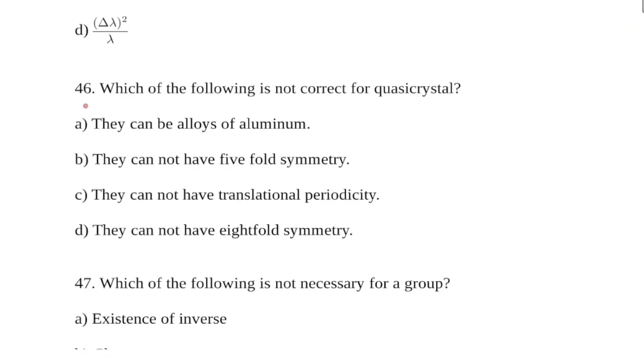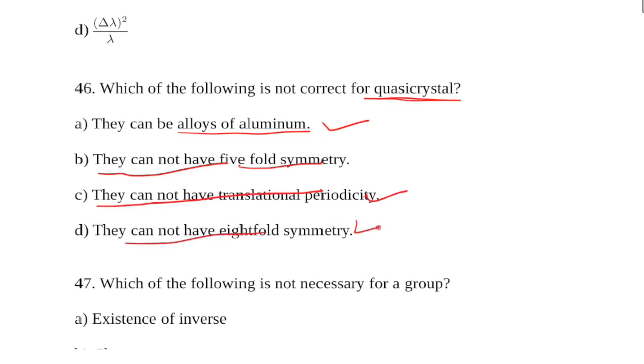Next, 46. Which of the following is not correct for quasi-crystal? They can be alloys of aluminum, yes, this is correct. They cannot have translational periodicity, this is also correct. They cannot have eightfold symmetry, this is correct.